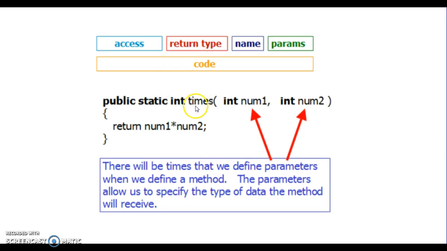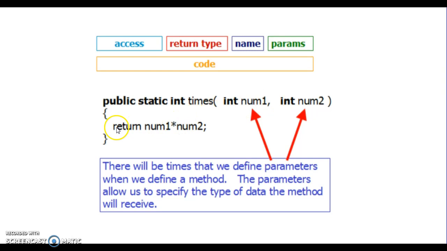Then we have the name of the method, which I could call whatever I want. This one is called times, as we'll see in a second, for obvious reasons. And then we have our parameters: num1 and num2, both of type int. We're defining these parameters when we declare the method. Right now it's just a placeholder, so the computer knows what information it's going to take in.